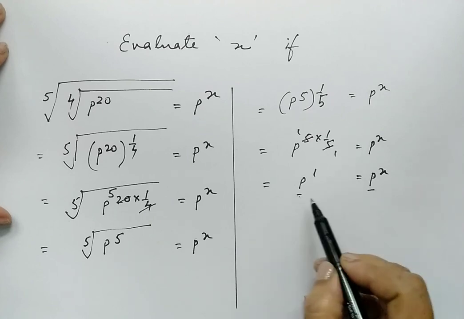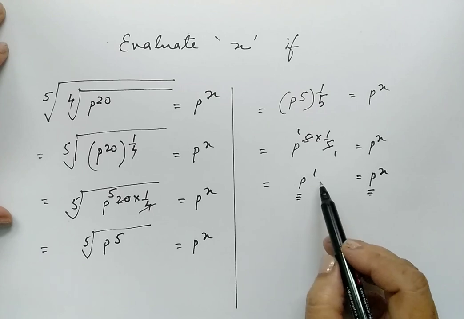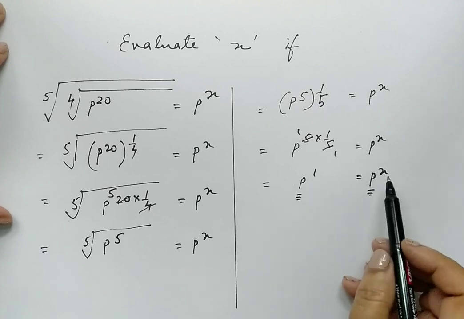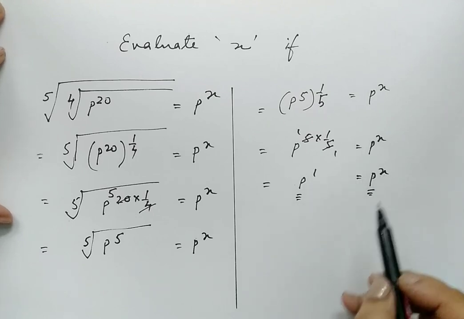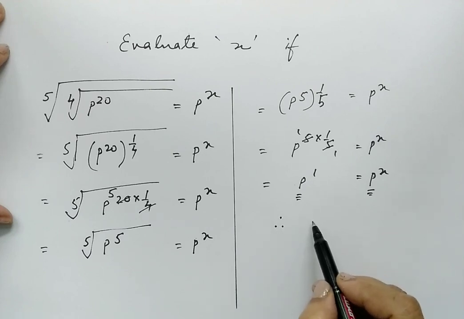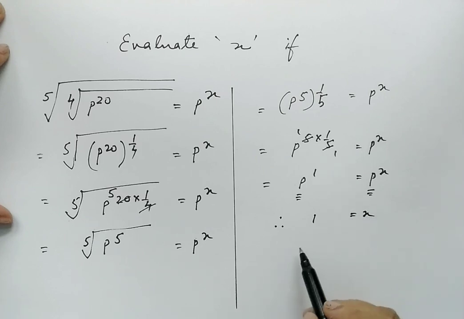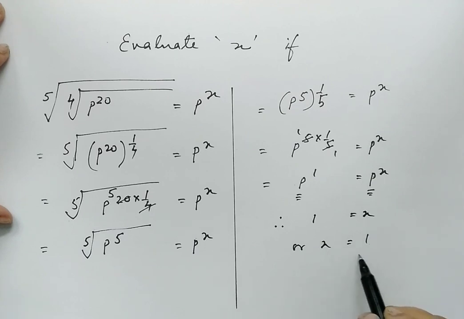Whenever the bases are same, we know that the powers must be comparable. So therefore what we see is that 1 is equal to x, or x is equal to 1.